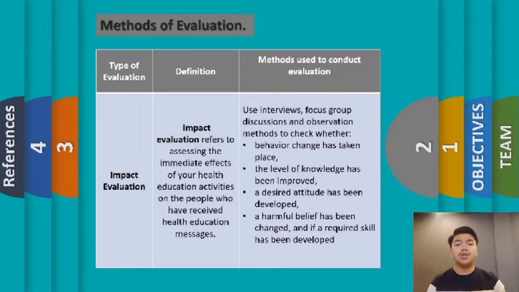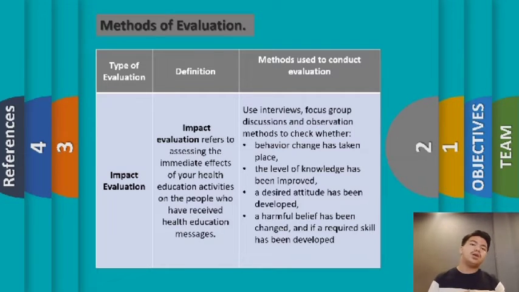So proceeding to the impact evaluation, impact evaluation refers to assessing the immediate effects of your health education activities on the people who have received health education messages. So this type of evaluation is usually carried out at the end of your health education activities. Generally, its main purpose is to assess the immediate effects of your health education activities.